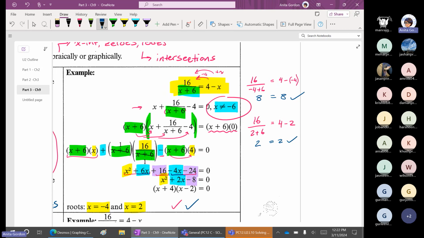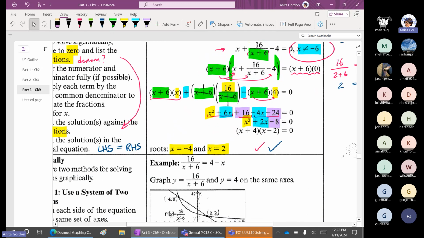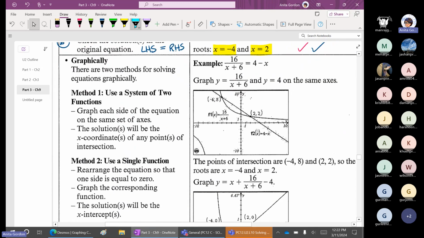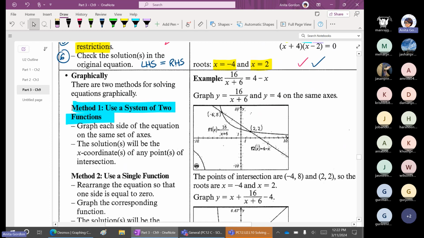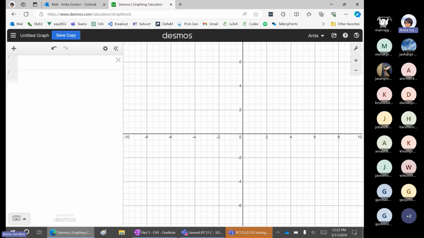I could take the same equation and now solve it graphically using Desmos or a graphing calculator. And the way that we do this is we have two equations, the left side and the right side. So I'm going to grab Desmos here. On the first line, I put the left side of the equation.